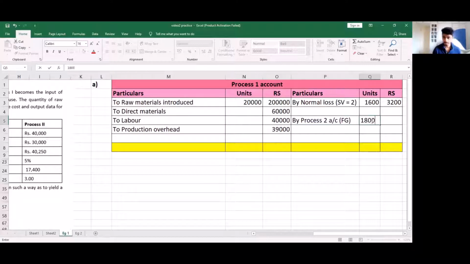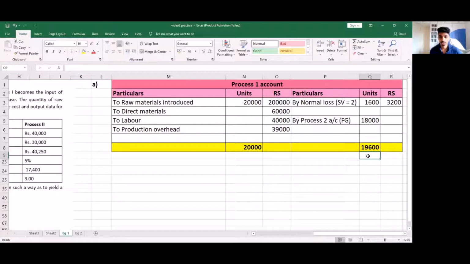Now, let us tally and see if there is any difference in the number of units. I'm going to sum the units on the debit side, and I'm going to sum the units on the credit side. You will notice the credit side is short by 400.